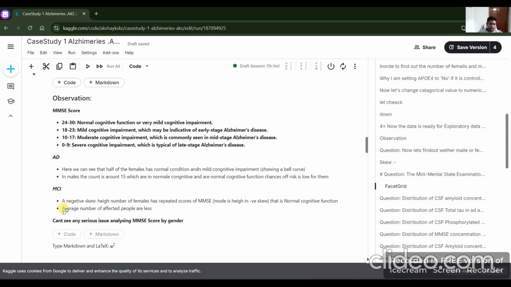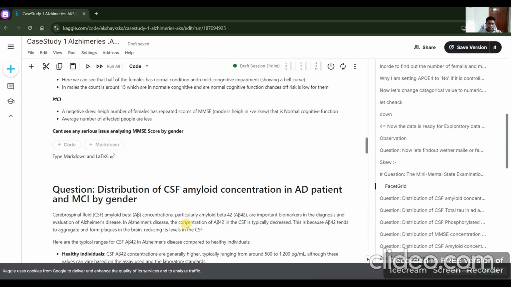MCI has a negative skew, a high number has repeated score of MMSE, the mode is high, the skew is normal cognitive function. Average number of affected people is less. Can't see any serious issue in MMSE score by gender.